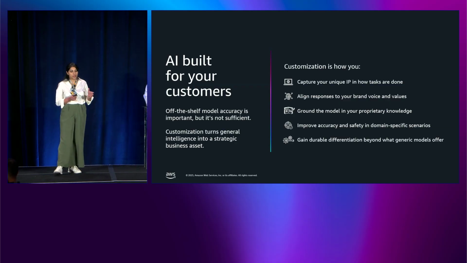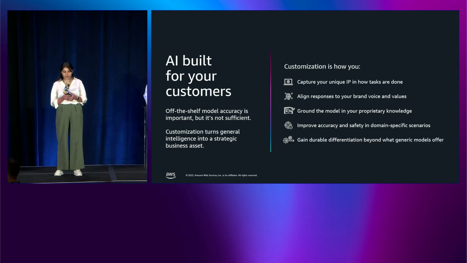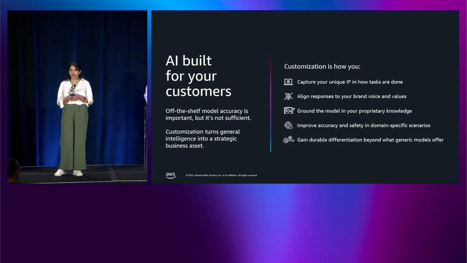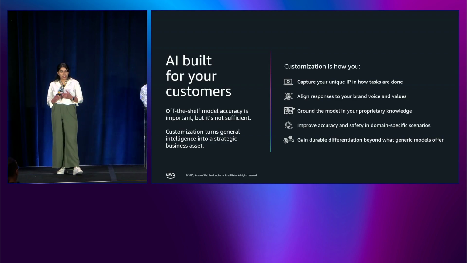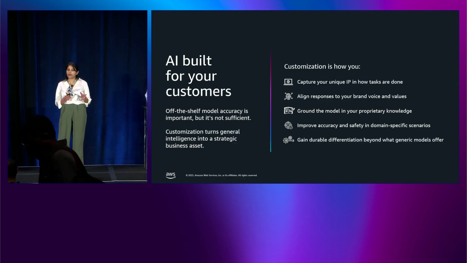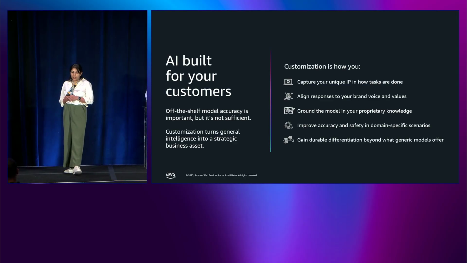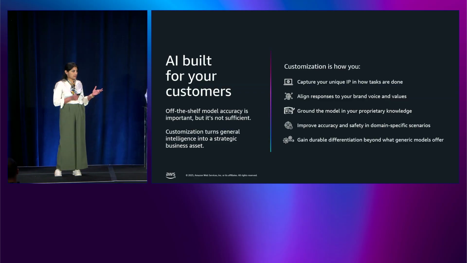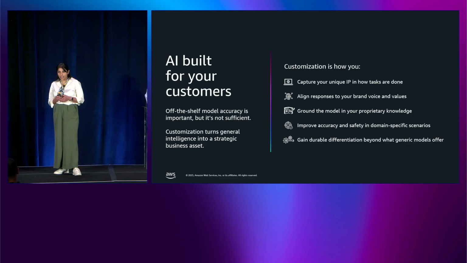And customization helps you ground the model in your proprietary knowledge. There are no more generic answers when you customize the model. It helps improve accuracy and safety in domain-specific scenarios. And Dan is going to dive deeper into how we use customization to enable sensitive content moderation use cases in this case. And lastly, it's also how you gain durable differentiation more than what the generic models can offer. Generic models can always catch up, but your customization won't.